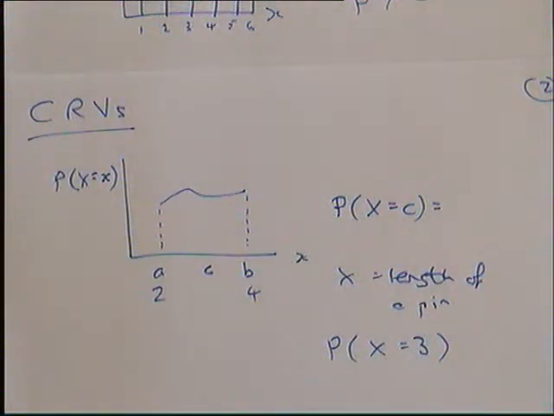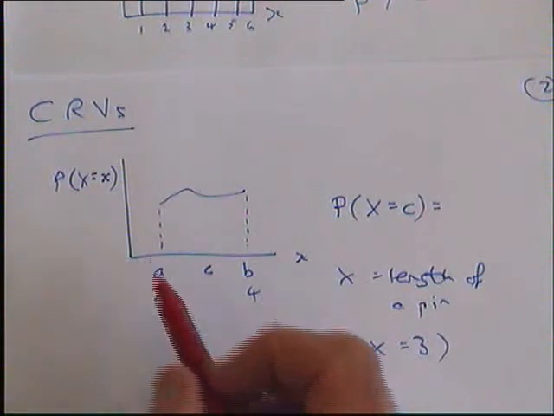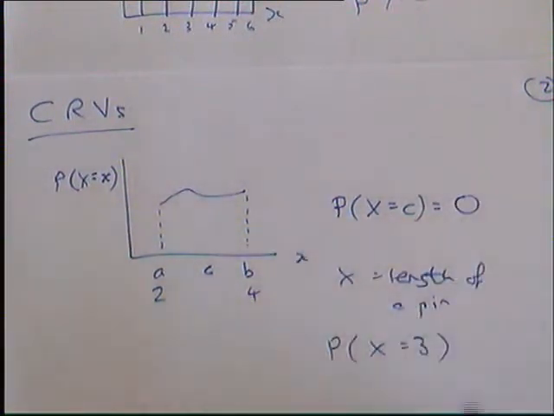Why? Because to be that exact, you're taking infinitely small. Yeah, you're going exactly the right way. With continuous, no pin can ever be exactly 3. If you measured it, even with better equipment, it would be 3.000 something, or 2.99999 something. We actually say that the probability with continuous variables that it takes any specific value is 0. So the probability here that it was 3 is 0.